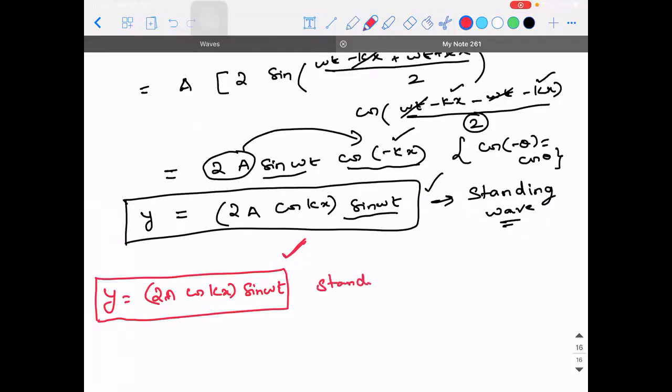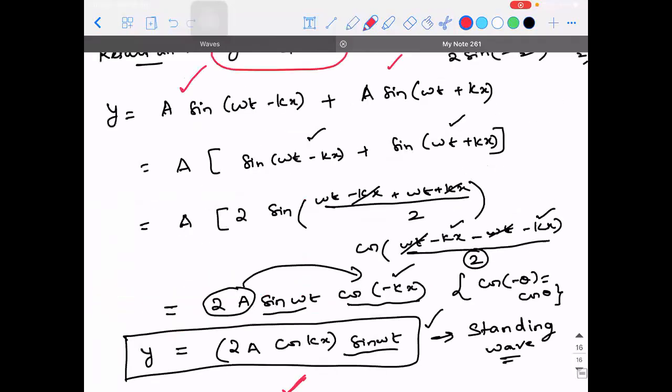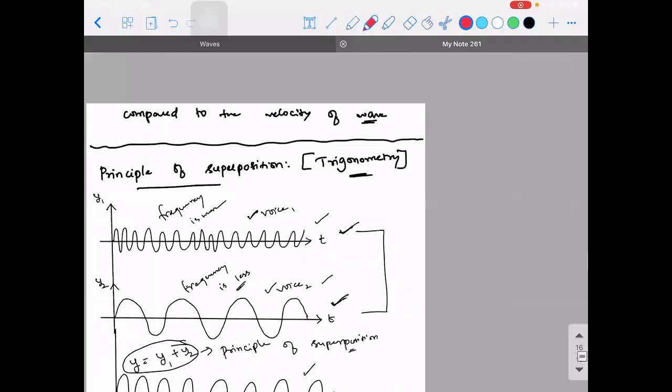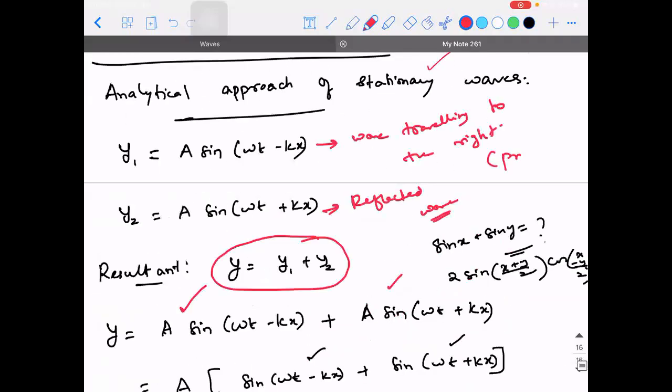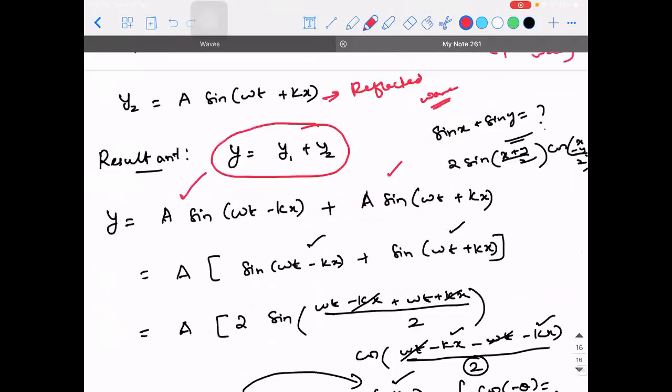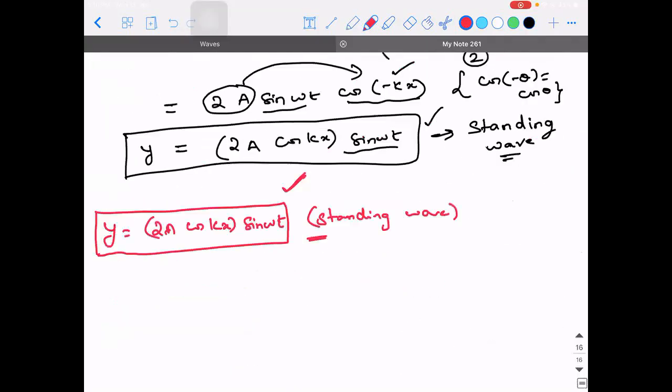This also I told you. By now you should have heard two types of waves. One is a progressive wave, and the equation which we obtained here is for a standing wave. In yesterday's video, I also showed you that a standing wave looks something similar to this.